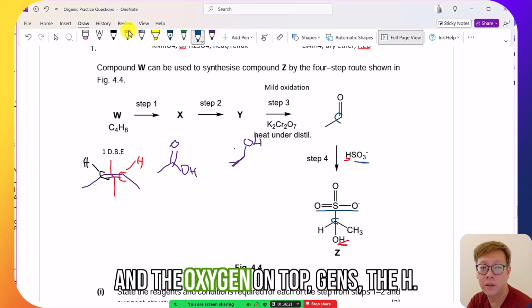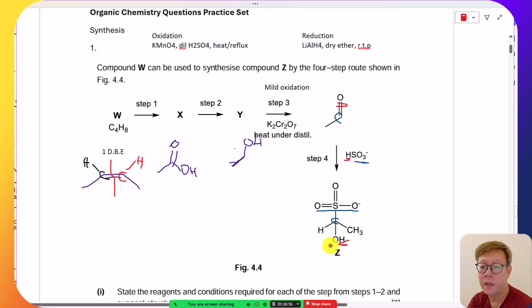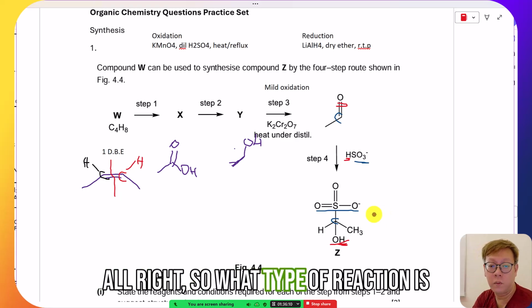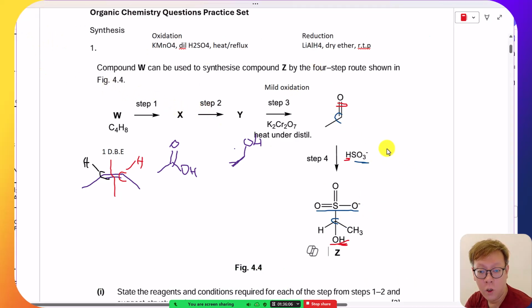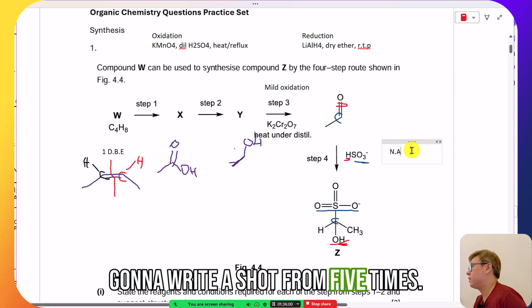And the oxygen on top gains the H. Can see? Alright, so what type of reaction is this? This is called a nucleophilic addition. Now I'm just going to write short form, save time.